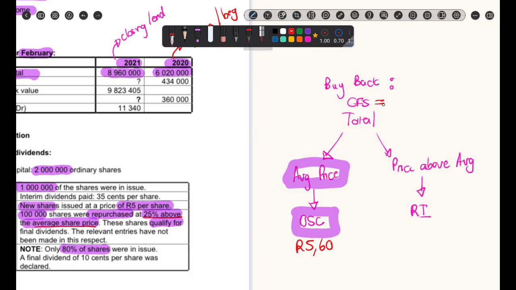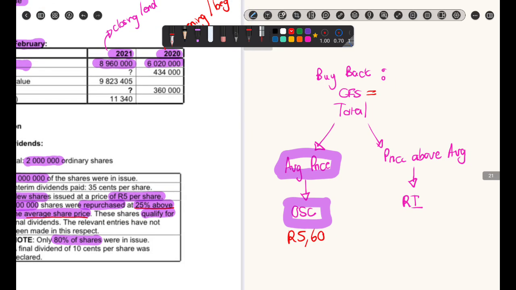And they said I purchased it for 25% above my average price. So how much did I pay in total for the buyback? I paid 5 Rand 60 plus 25% above the 5 Rand 60. So times 25%.